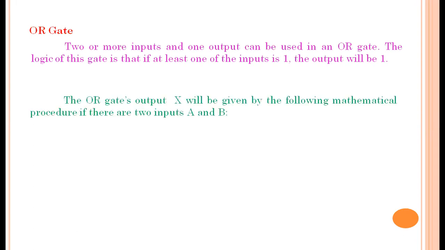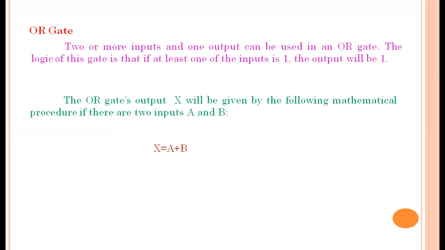For the OR gate, if there are two inputs A and B, then the output can be written as X is equal to A plus B. So the OR gate can be represented by addition. If we remember that the OR gate is addition, understanding it is very easy.